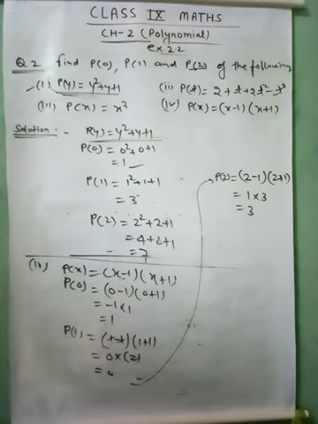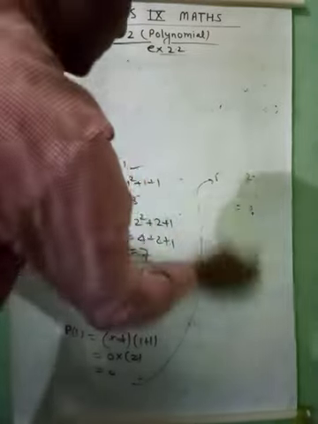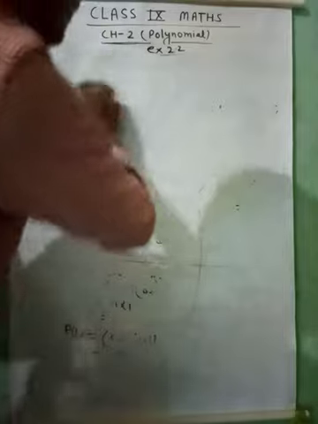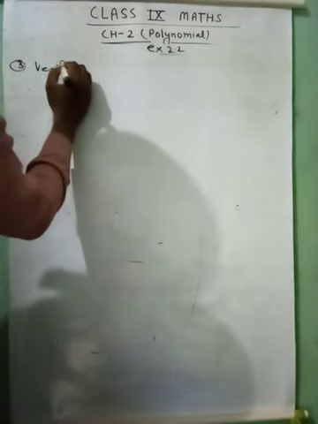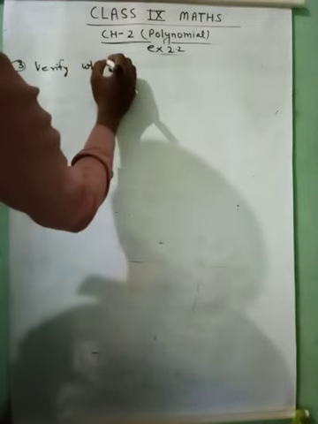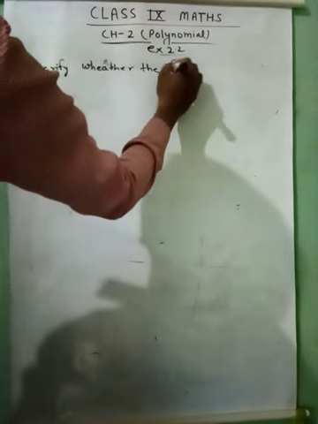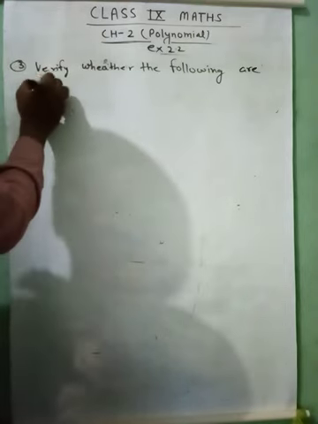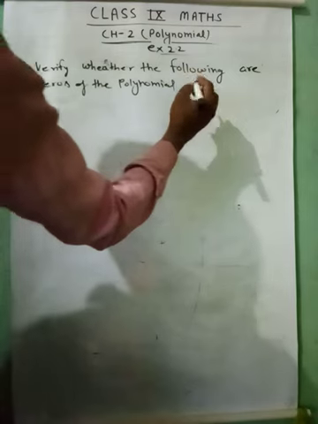Now we will see question number 3. Question number 3, verify whether the following are zeros of the polynomial indicated.